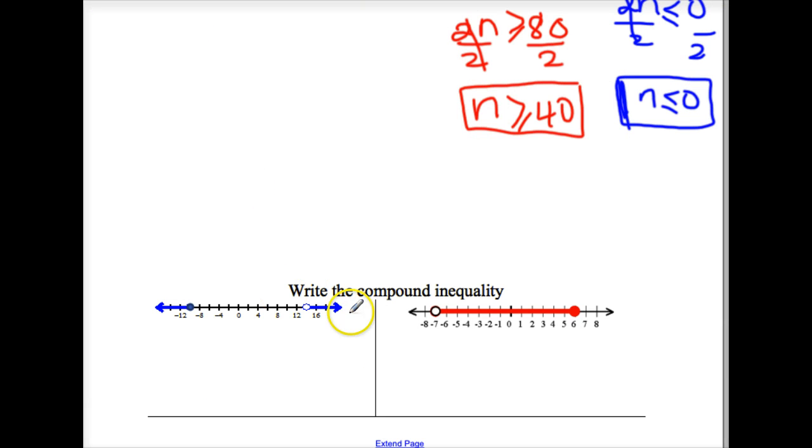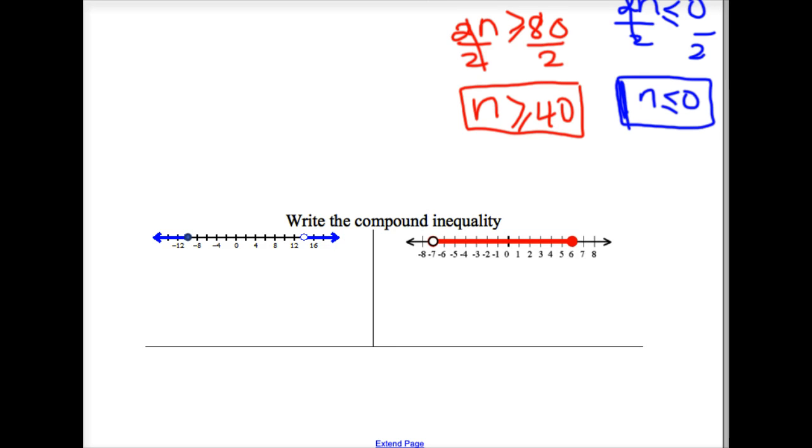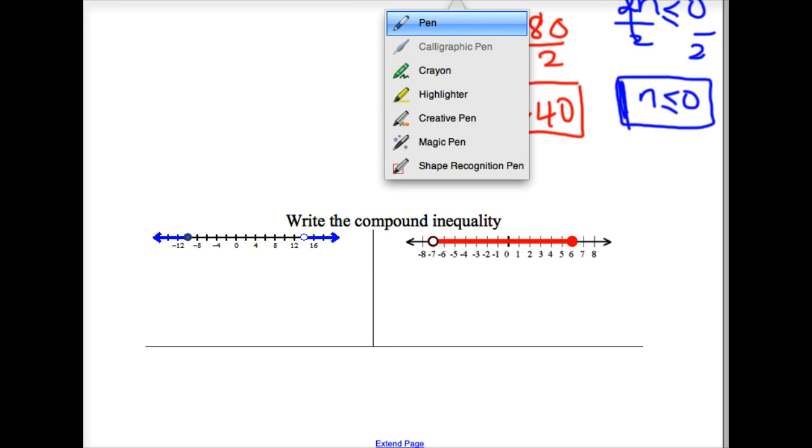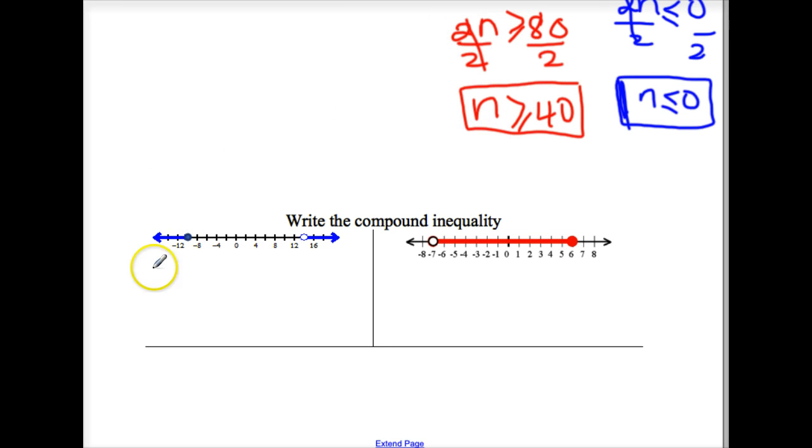Now the last thing I want you to look at: we haven't been graphing anything, but I just want to take a look at these two examples. How do I write an inequality for this? What is this number right here? If you look at this, they're in increments of 2. So this would actually be a negative 10, and this will be 14.